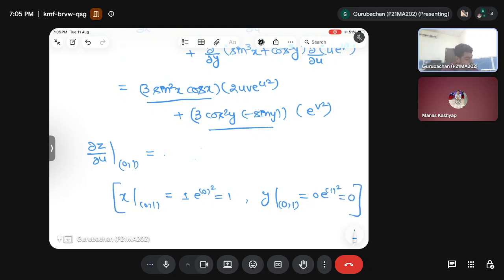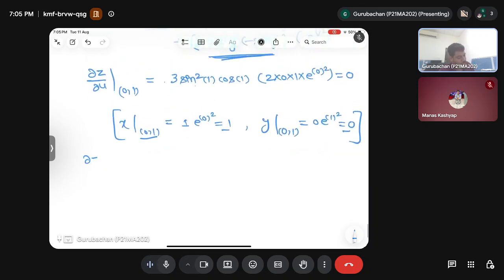So we know that x has value 1 and y has value 0. So that means this factor will be 0, second factor will be 0, and this will be 3 sine square 1 cos of 1 into 2 times of 0 into 1 into e to the power 0 square. So this is ultimately going to be 0.